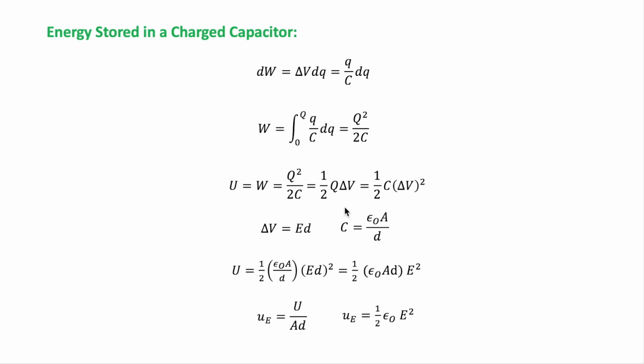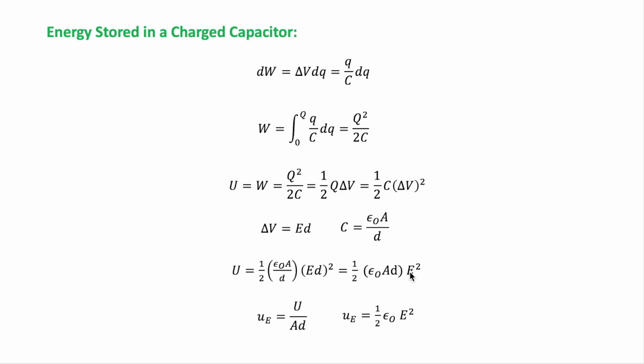Okay. So for a parallel plate capacitor, the potential difference between the plates is given by Ed, and the capacitance is epsilon naught A over d. And the potential energy stored is half epsilon naught A d E squared.